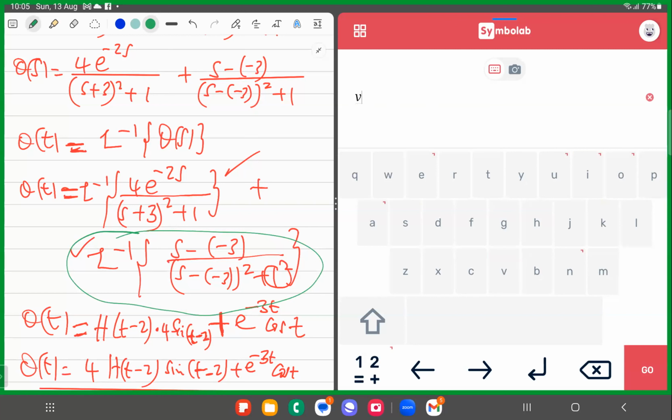Inverse. See, it appears not to be quite compliant. Let's see, inverse. Okay, if you type Laplace, see, it's something I want to show you.